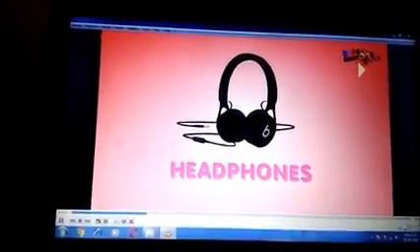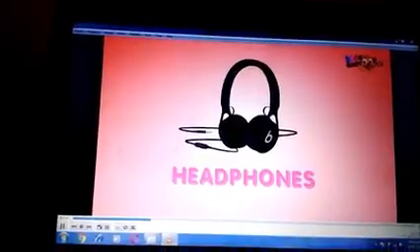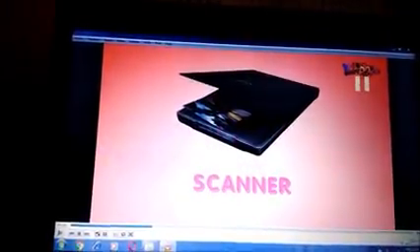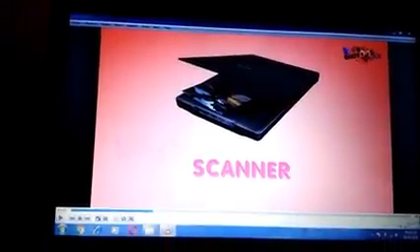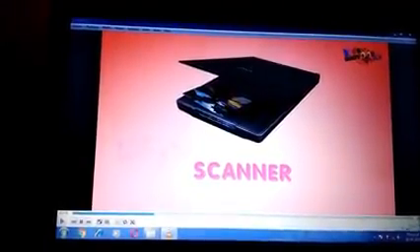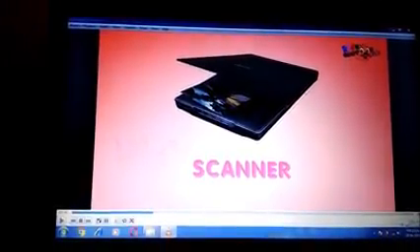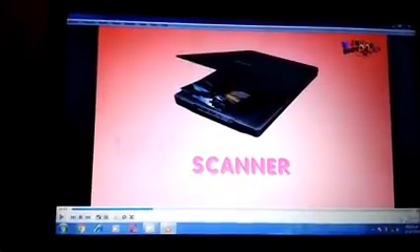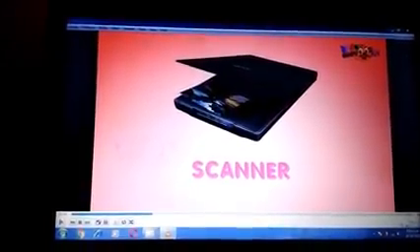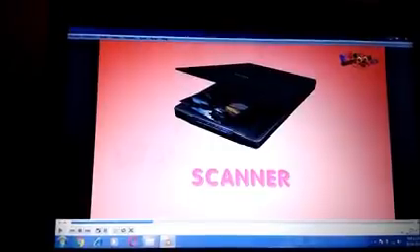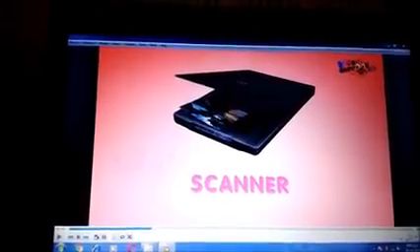The next component comes a scanner. This input device scans images from photographs, posters, magazines directly into the computer. Some commonly used scanners are flatbed scanner and handheld scanner.